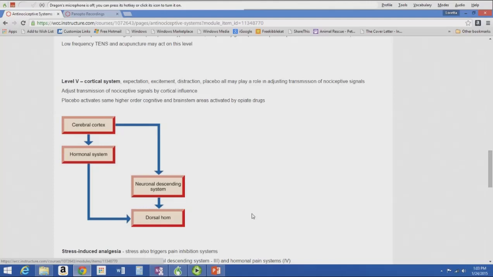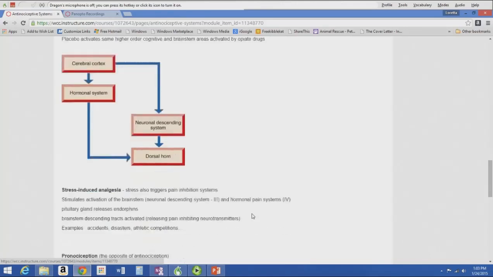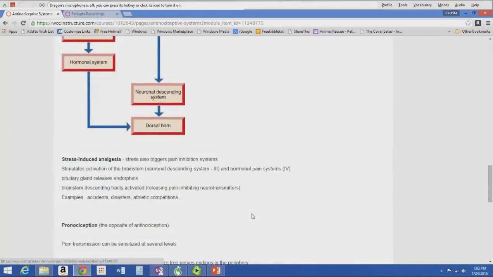You can use your brain to stop your pain. It's amazing. It's also the opposite, the stress-induced analgesia, where stress triggers pain inhibition systems. Like where the mom lifts the car off the baby, that sort of thing. They're stressed, and it allows them to ignore their pain and do something that they wouldn't normally be able to do.